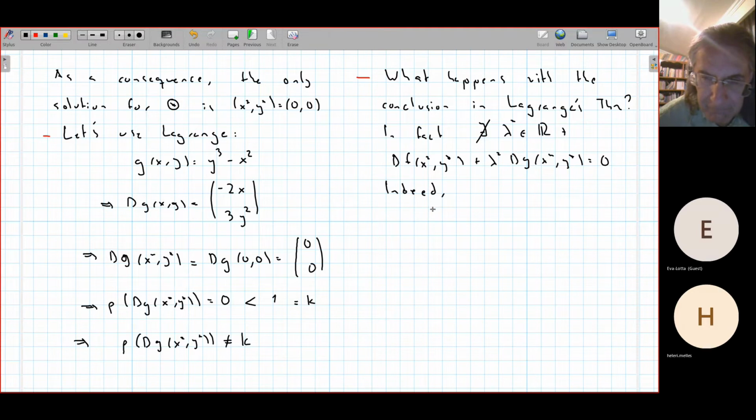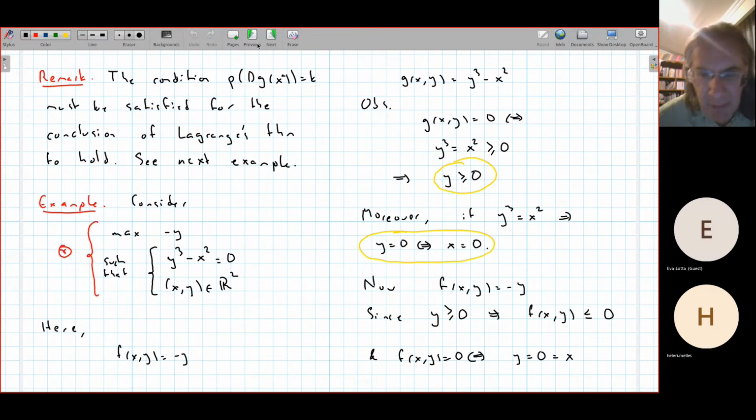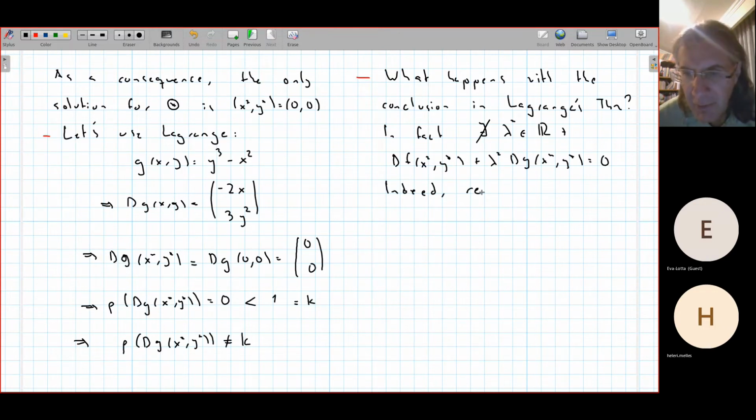Okay, let's move on. Let me remember who the function f is. The function f is minus y. Okay, we need to calculate this derivative. So the derivative of f at x comma y will be 0 comma negative 1, right?